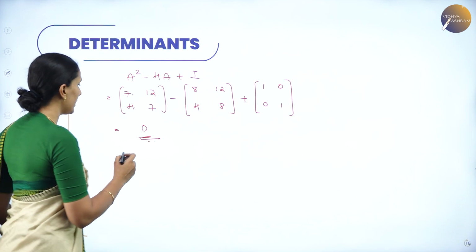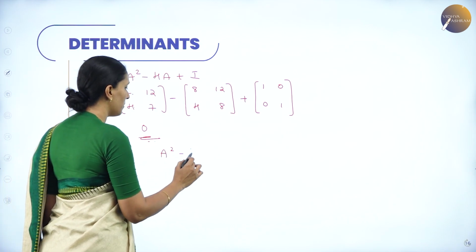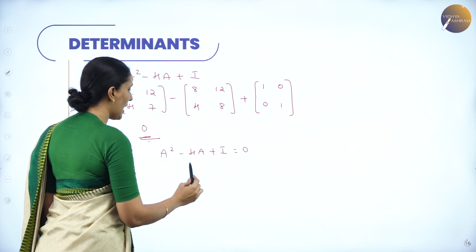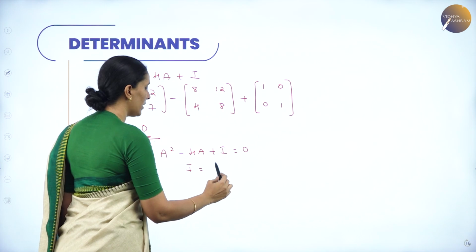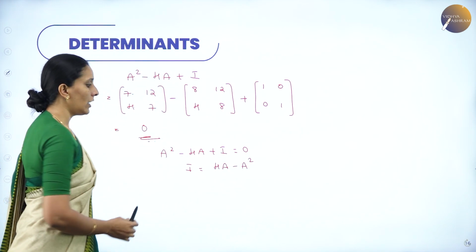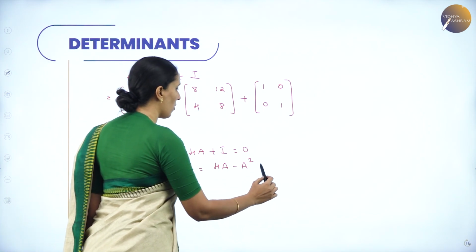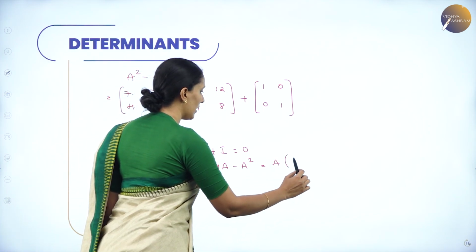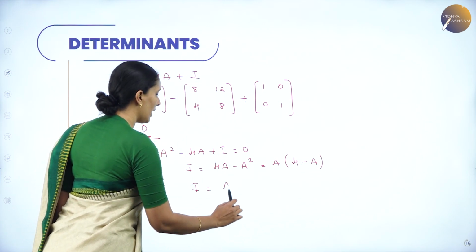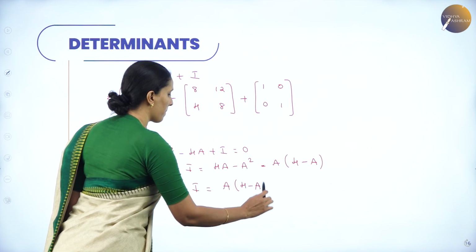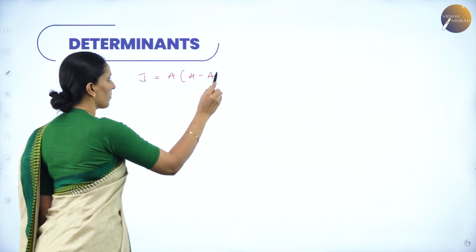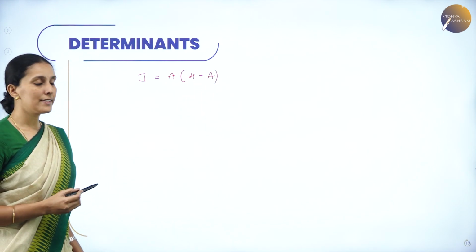Now let us consider the equation A square minus 4A plus I is equal to 0. Keeping I here, I'll move the rest of the terms to the right hand side. I'll take A as a common factor, then I'll get 4 minus A. So I is equal to A into 4 minus A. Now we have this equation.